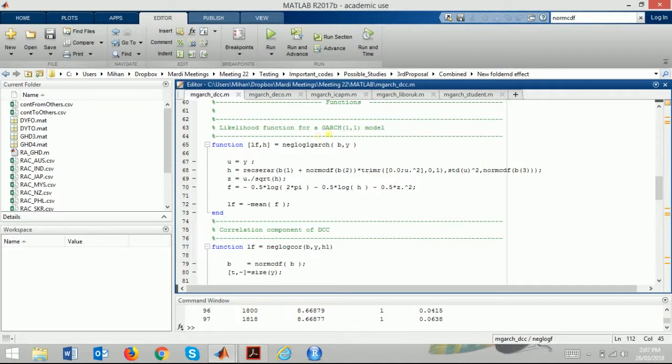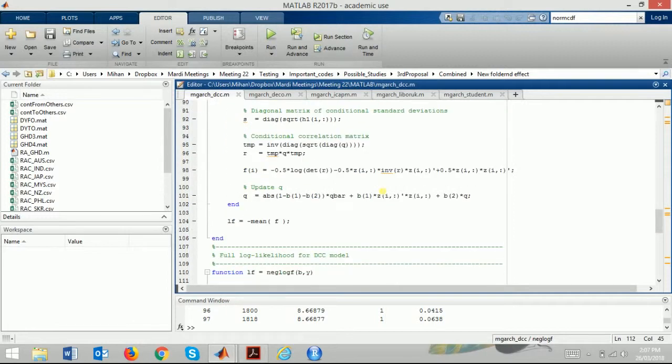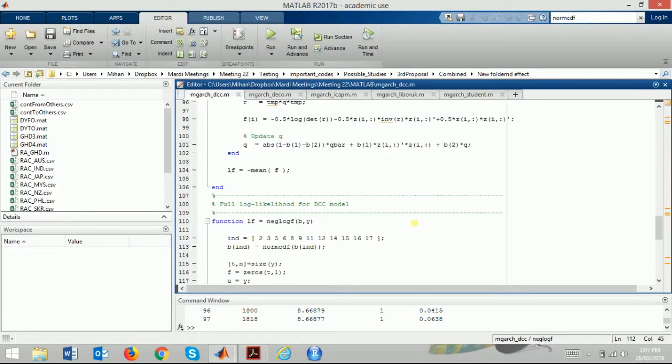First, we need to specify the GARCH(1,1) model, then the correlation component R, because that is important for DCC, and we need to find the full log likelihood function for the DCC model.